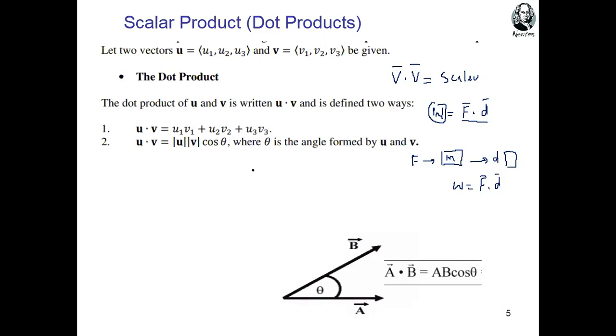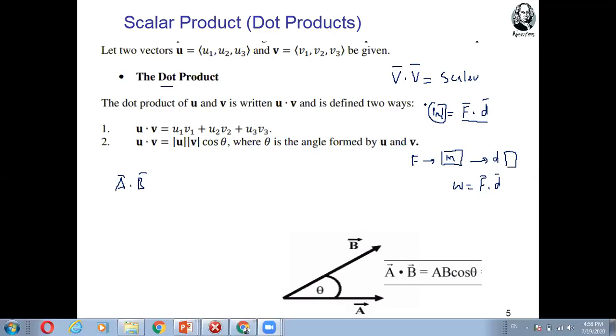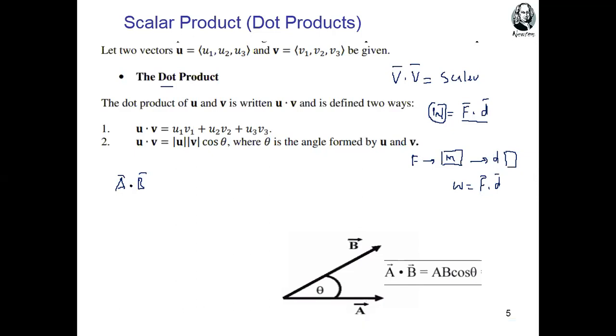Okay, so what is the formula of vector product or dot product or scalar product? We have A dot B. The representation is a dot in between two vectors. Dot product means the result is scalar. A dot B is equal to A magnitude and B magnitude with cosine of theta.